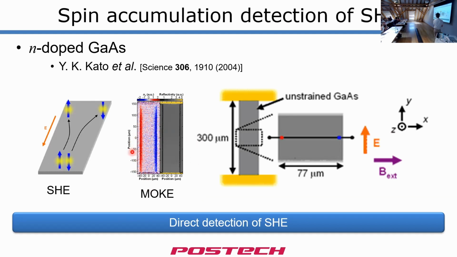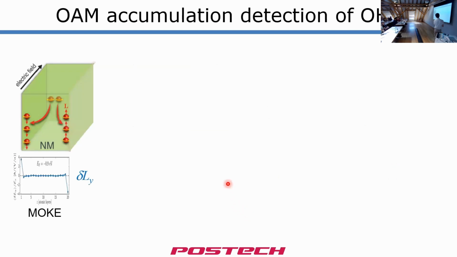So this is a very beautiful result, and we may say that this is the most direct detection of the spin Hall effect. Maybe we can try something similar for the orbital Hall effect. So can we measure orbital angular momentum accumulation generated by the orbital Hall effect? If we have this kind of orbital Hall effect material, we expect orbital accumulation of one sign here and orbital angular momentum accumulation of opposite sign here.